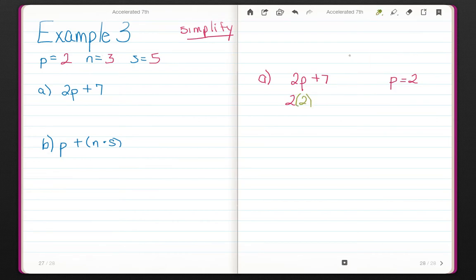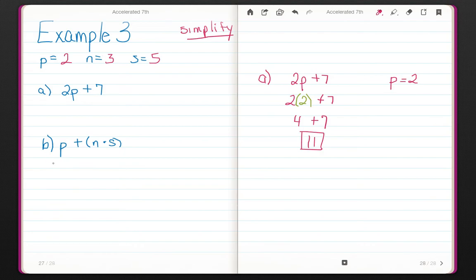I'm going to substitute the value of p in my next step. Okay, then I'm going to use the order of operations, and I need to multiply first. 2 times 2 is 4. And notice I'm rewriting the entire rest of the problem each time, and 4 plus 7 is 11.